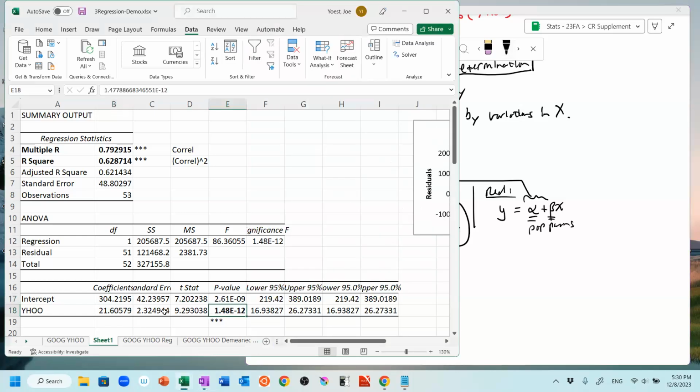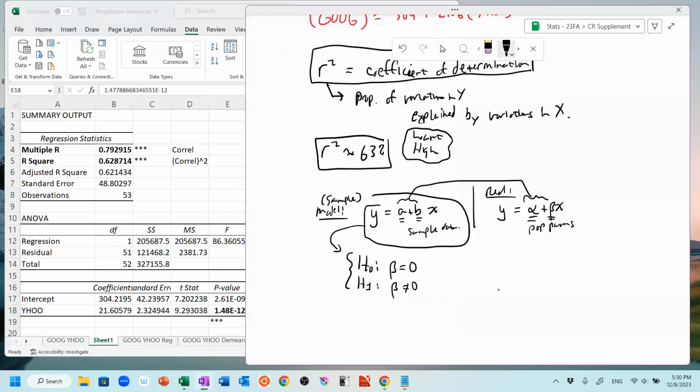So the p-value for the slope, this is the slope variable, the one that multiplies Yahoo. The p-value for the slope is related to this hypothesis test. Beta equals 0 just means y equals alpha, like my best guess at y doesn't depend on x at all. So this is no linear relationship.